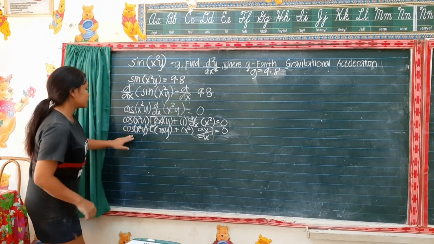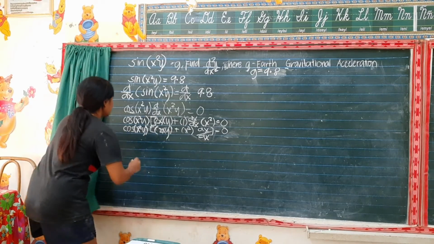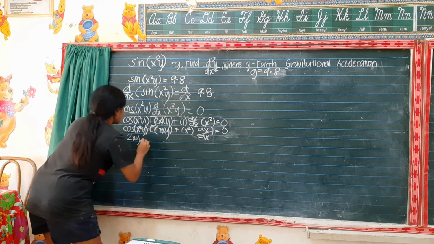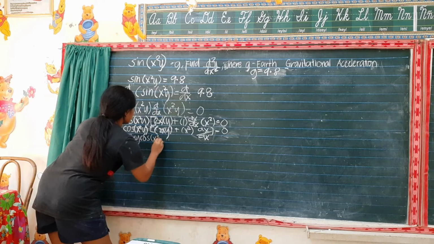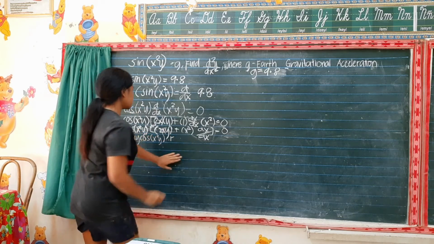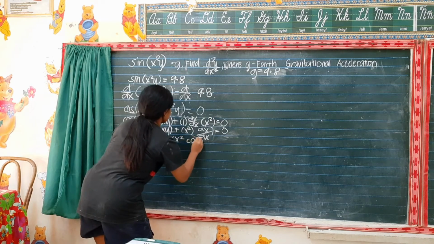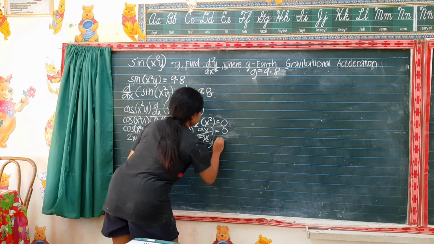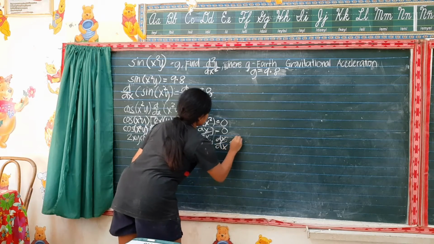So first we need to multiply cos of x squared y into the first term: 2xy cos of x squared y, plus, then multiply into the second term, plus x squared cos of x squared y dy over dx is equal to 0.